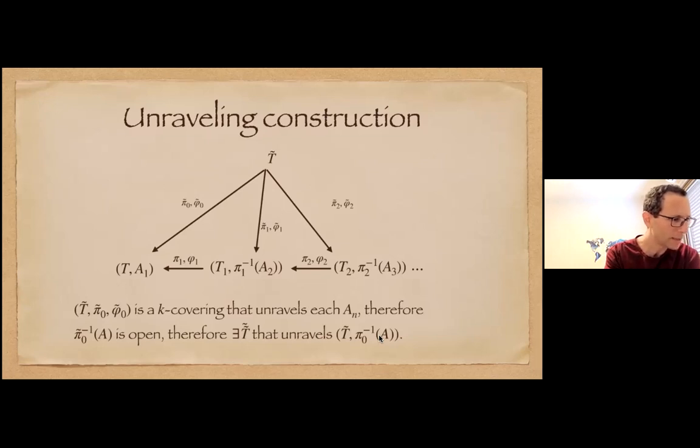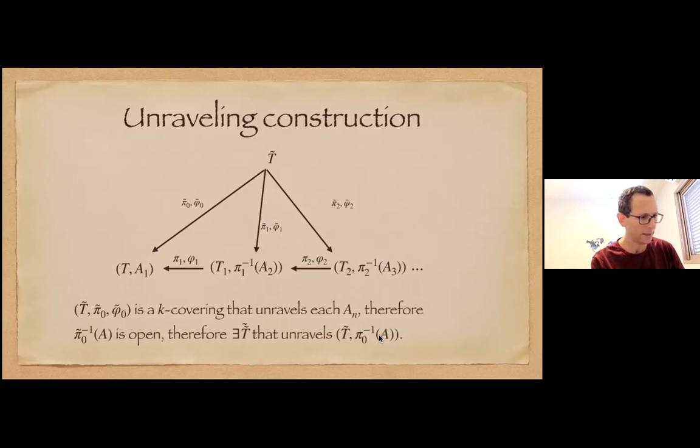I didn't write something correctly. So what I want to do, if you look here at pi 2 minus 1 of A3, it makes no sense. It should be the composition of pi 1 and pi 2, minus 1. So I take each one of the sets and push it backwards. So if I take A_n, at some point it will be in T_n an inverse image of A_n.